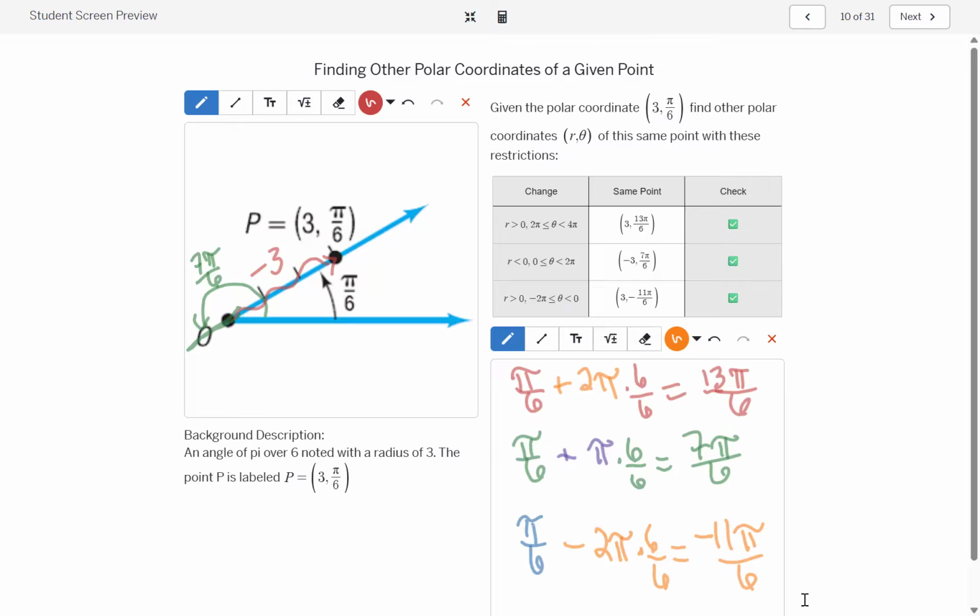Negative 3 comma 19 pi over 6 would also be another point that would get us there, only if it was radius less than 0. And going another full pi wouldn't fit the conditions, right? Correct. Awesome. Thank you. Good question.